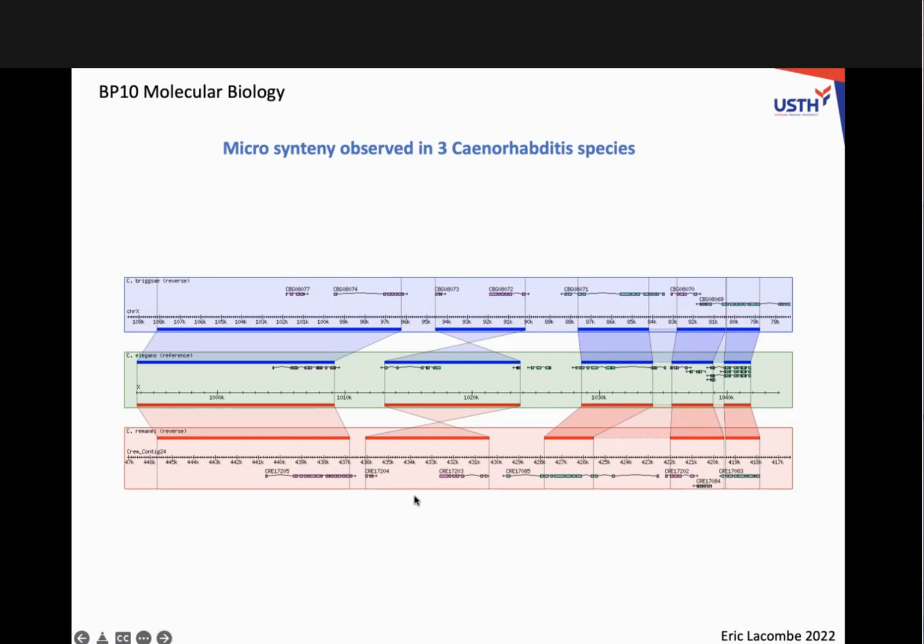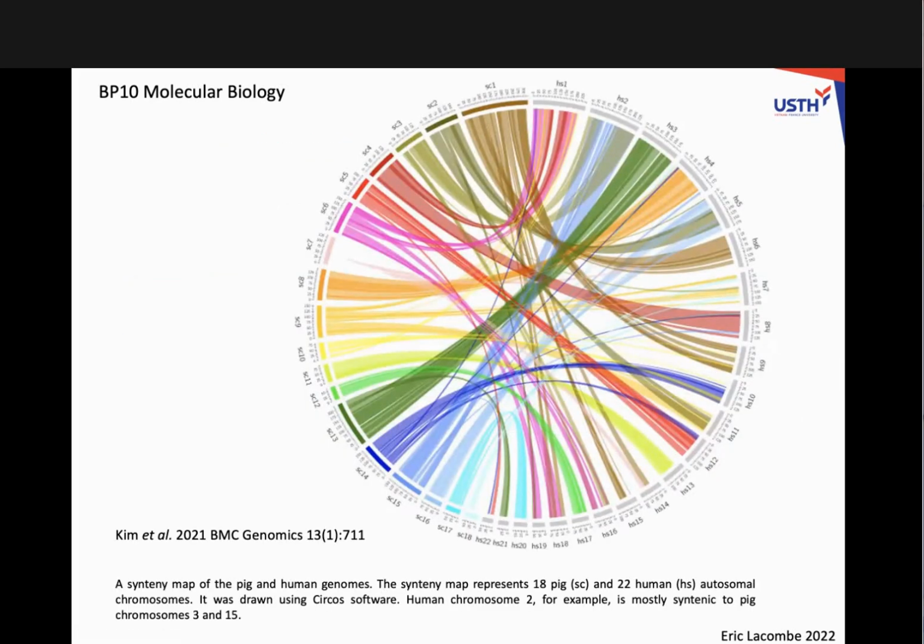So if we compare with the previous slide, this one, where it's a global, chromosome-level comparison between different chromosomes in different species, can you see the mouse here? Okay, so you see that when we use this kind of map, we see only a gross correlation.